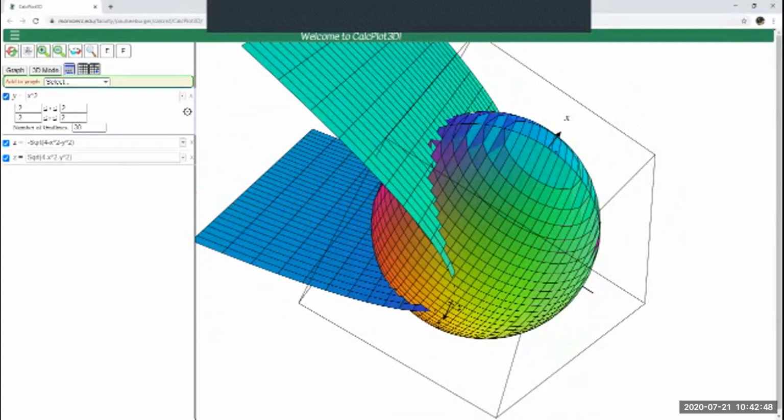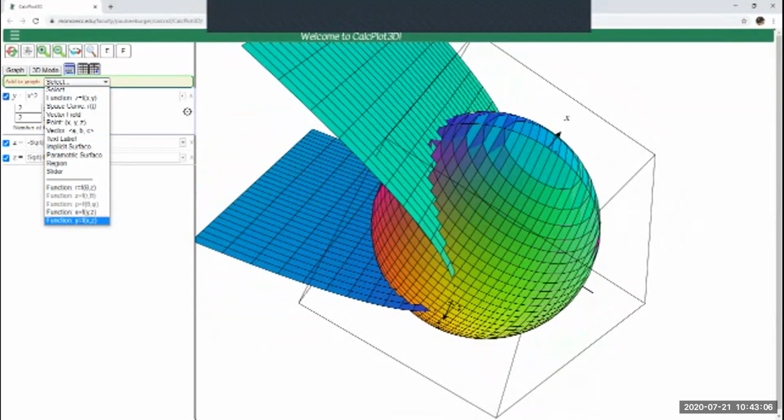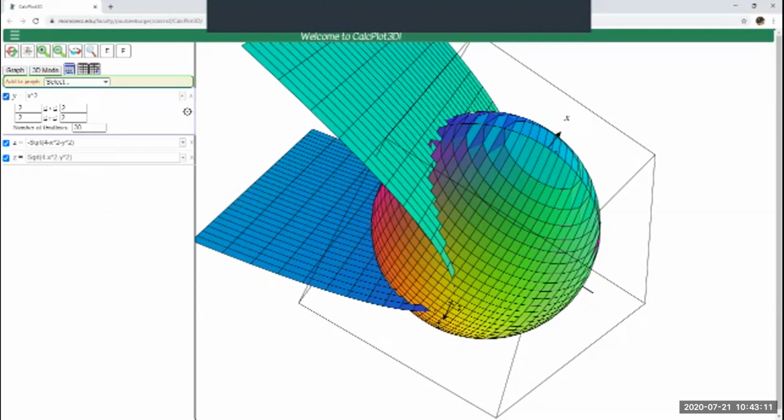Oh, here it says add to graph. If I click here, it would give me a list. I'm not sure how good the quality is, I hope the quality is good enough. But here it says functions, z equals something, x equals something, y equals something. You can choose y equals f of z, x. Yeah, this is something you can try yourself.